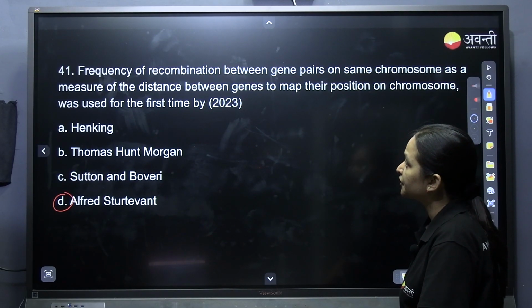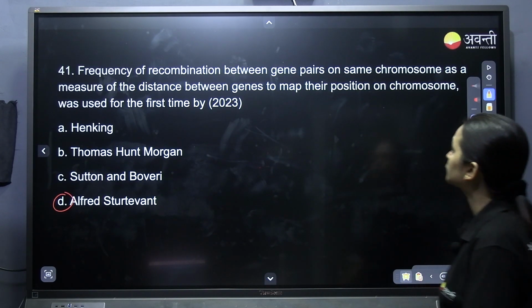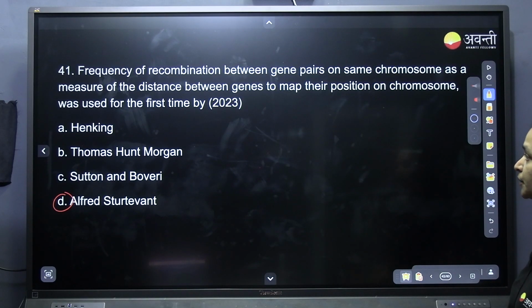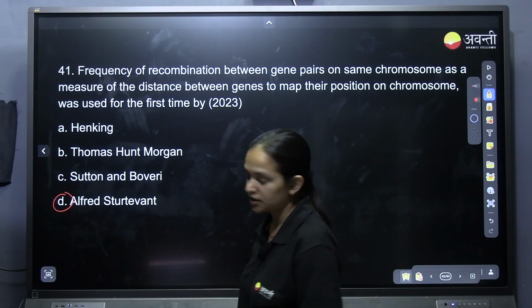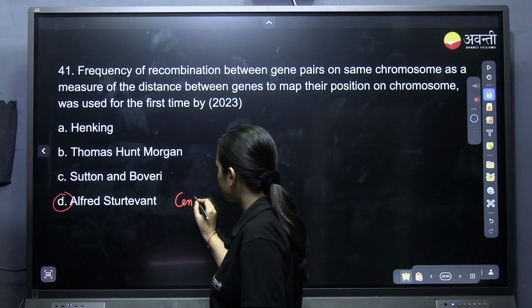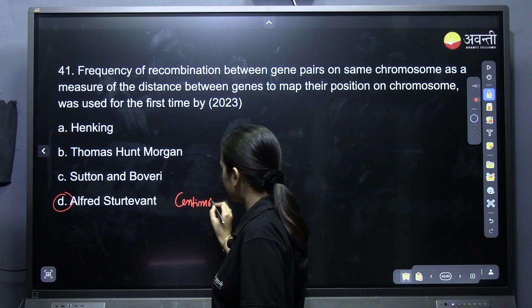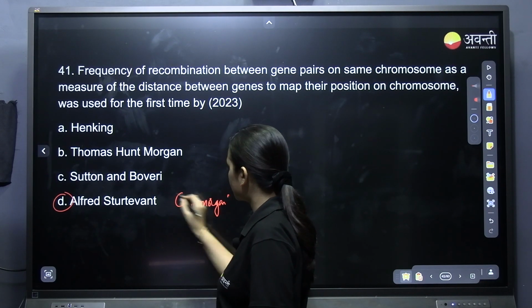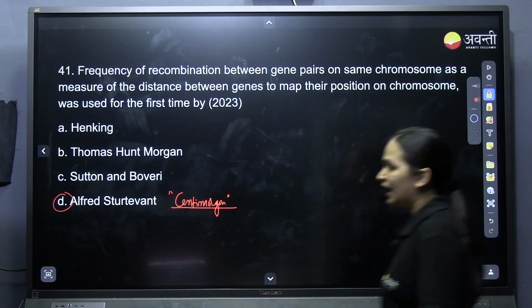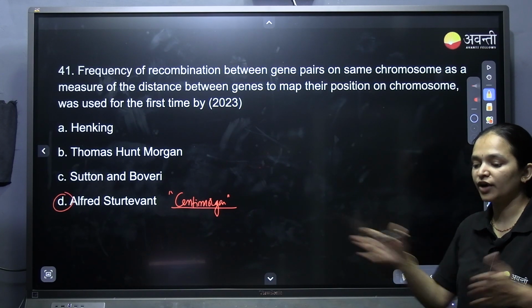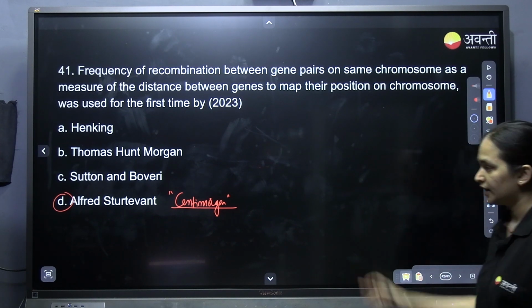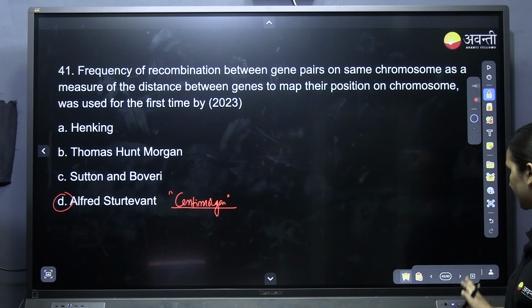He gave the frequency of recombination between gene pairs of the same chromosome as a measure of distance between genes to map their position on the chromosome. And he used the measurement centimorgan, which shows how close or how far two genes are situated.